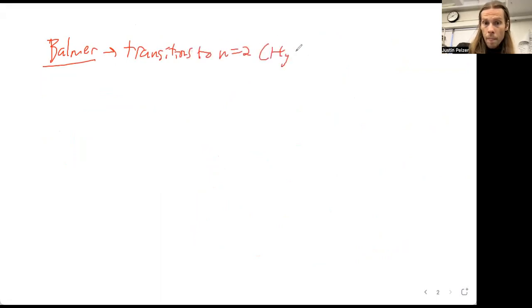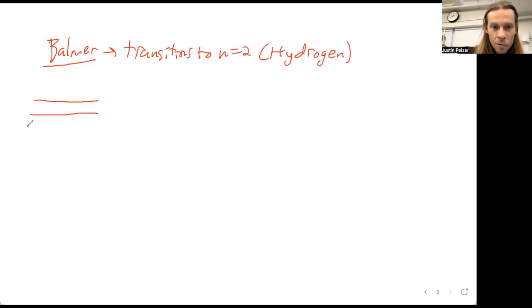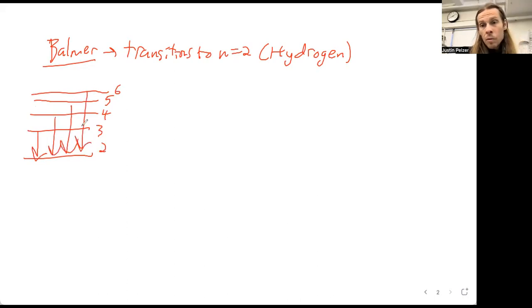The Balmer lines are all visible. They are transitions to the n equals 2 for hydrogen. When we have n equals 5 to 2, 4 to 2, 3 to 2, or even 6 to 2, when the electron falls down, it loses energy, and that energy is emitted in terms of a photon.